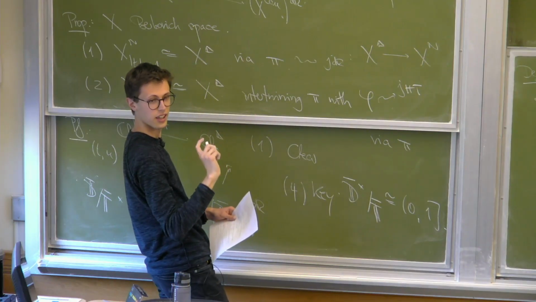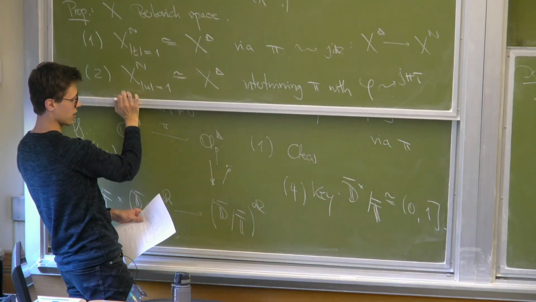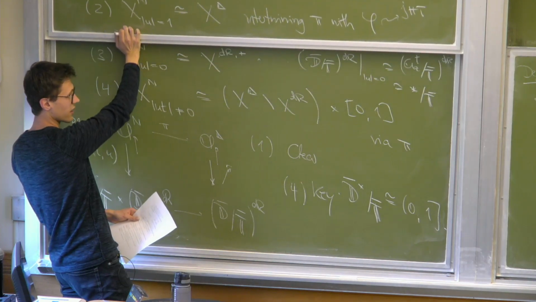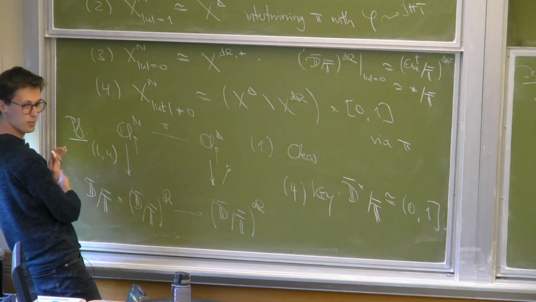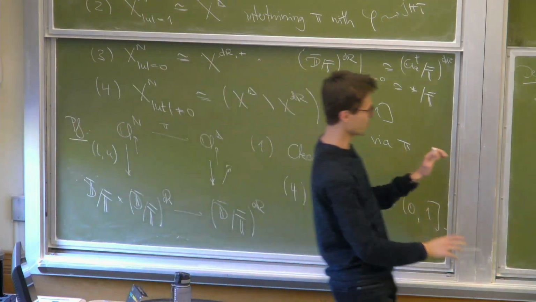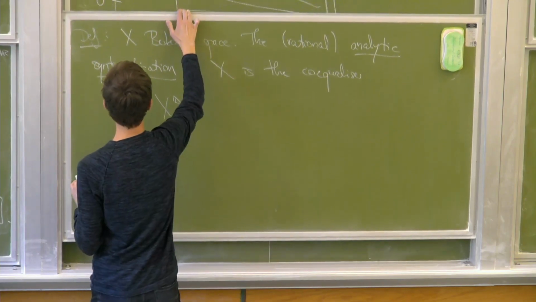Question: in part 4, why is 0 still included on top? It's because you have to twist by some automorphism here, and I think it's clearer from the picture that I drew earlier, which was this one.